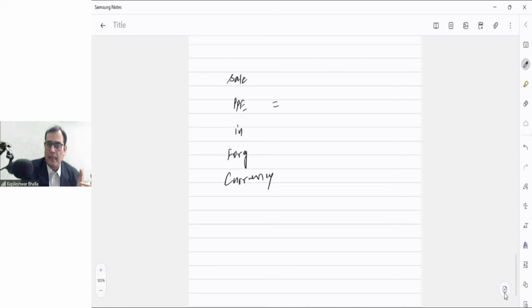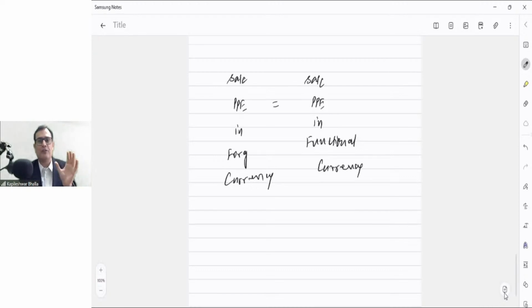So what I'm going to say is, okay, there is a sale of PPE in functional currency. I use the concept of what I call split accounting in order to record my transaction. So I first of all write down the original transaction, and I know the original transaction is a sale of PPE in a foreign currency.